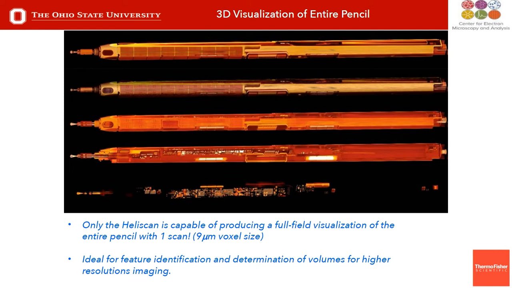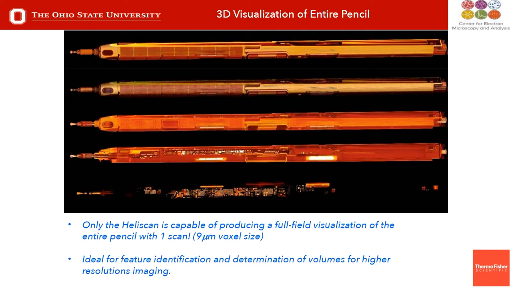In the 4th image down, you can start to see chip structure. And these very bright features on the bottom of the pen are the neodymium magnets that are used to keep the pen stuck to your iPad. And then if you're interested in the chip and the architecture, we can get rid of all of the outer casing now and actually look at the electronic chips that control this component.